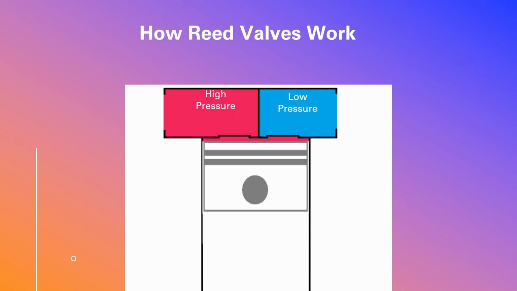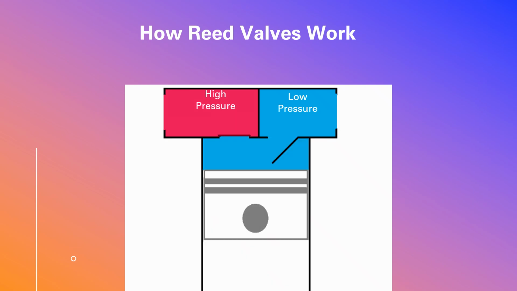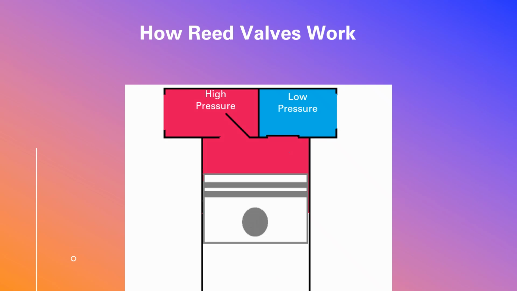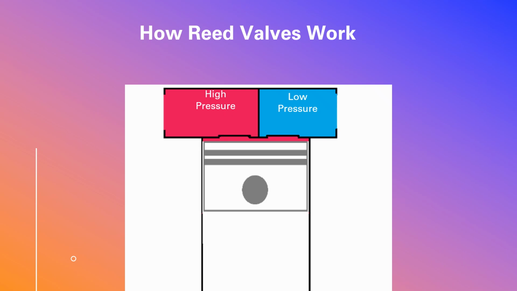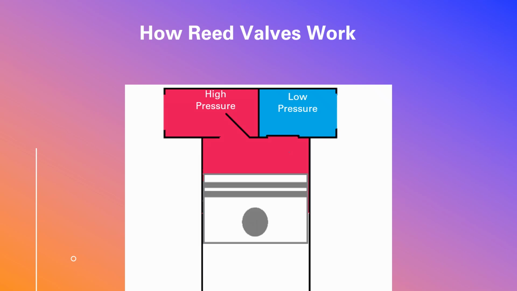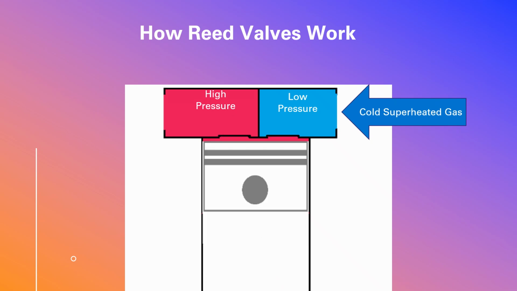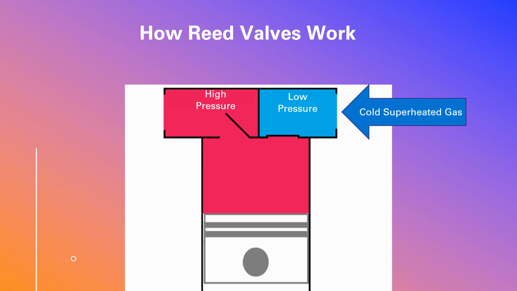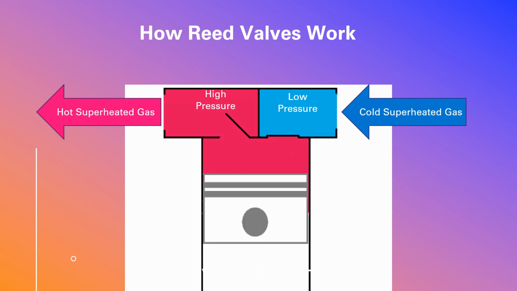As you can see here on the right, with the low pressure side, the valve opens on the downward stroke, allowing suction gas in, and then on the high pressure side, it opens on the upward stroke, allowing the high pressure gas to go out.